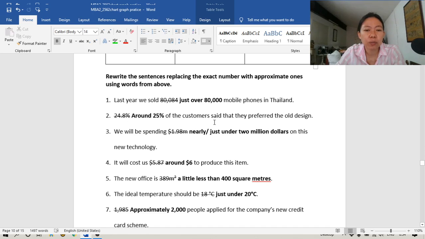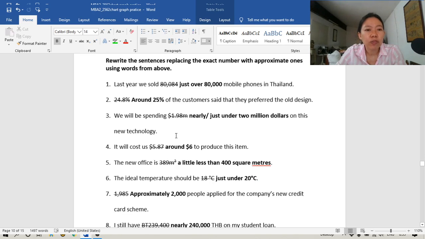And then for the second sentence, the original sentence said 24.8% of the customers said they preferred the old design. So you can say something like around 25% or about 25% or nearly 25% of the customers say that they prefer the old design. For the third sentence, we will be spending 1.98 million.